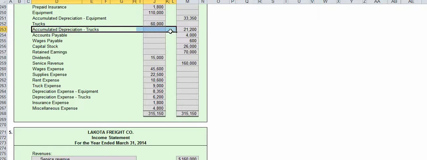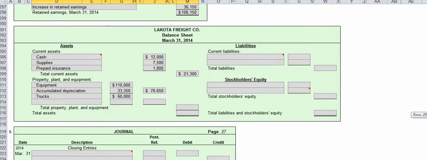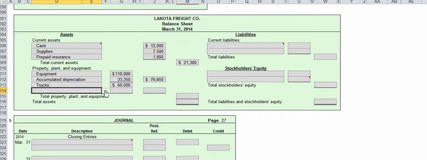Accumulated depreciation trucks is $21,200. Again, we don't have to put dash trucks because it's paired with the trucks account here on the balance sheet. Then we'll take the difference in these two to get the book value of the trucks. So it's equal to 60,000 minus 21,200, which gives us 38,800. That's the book value of the trucks.